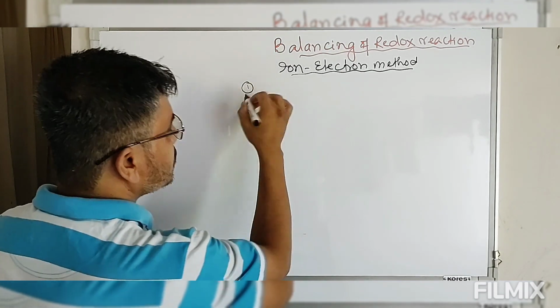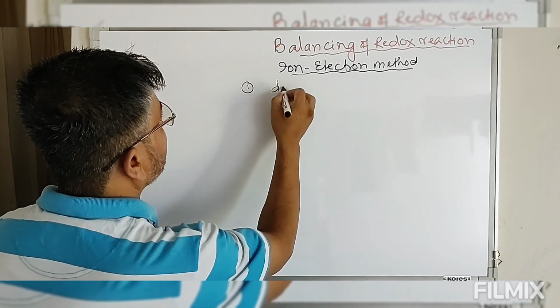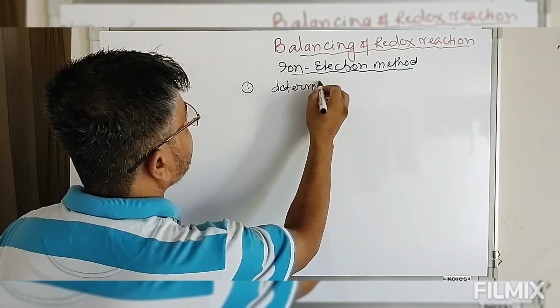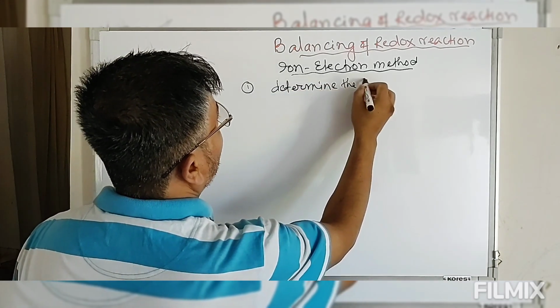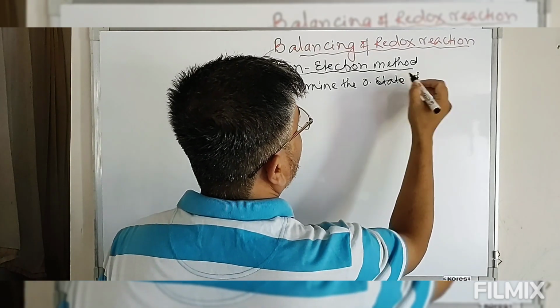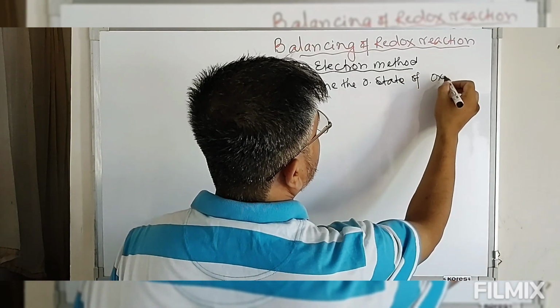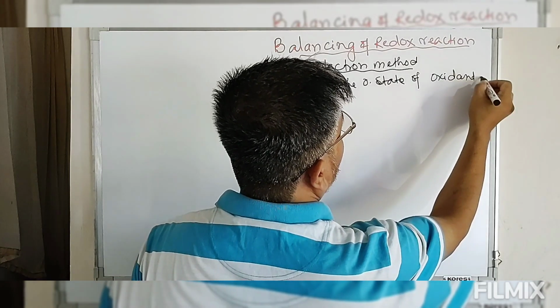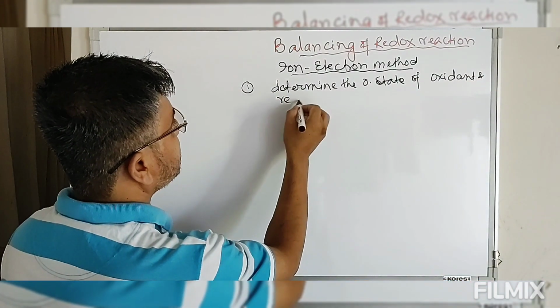So the first rule is: determine the oxidation state of the oxidant and the reductant.